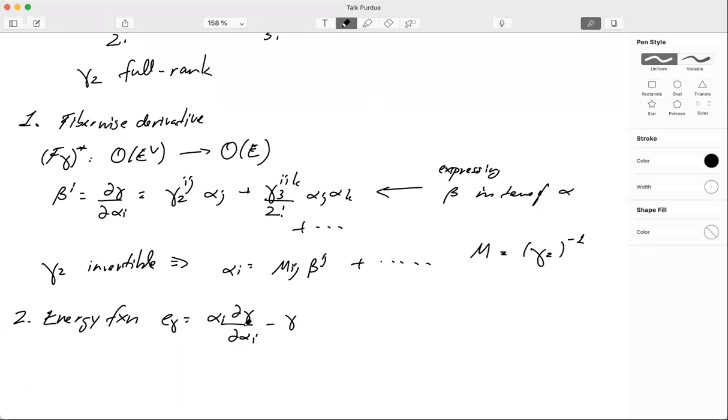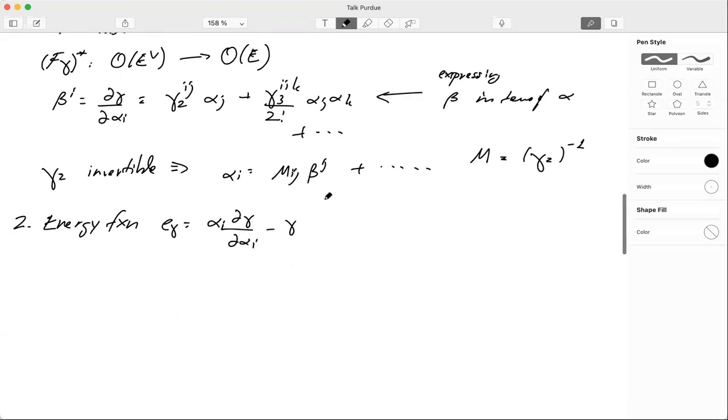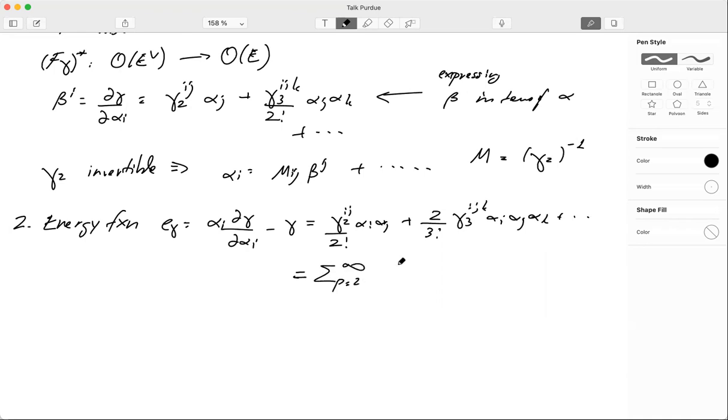Before it was vi dL dvi minus L. And if you calculate what this is, again it's gamma 2 ij over 2 factorial times alpha I alpha j, plus now 2 over 3 factorial gamma 3 ijk alpha I alpha j alpha k, etc. And by this I mean that it is the same expression as gamma, except that you start at 2 as before, and each factor is multiplied by p minus 1.